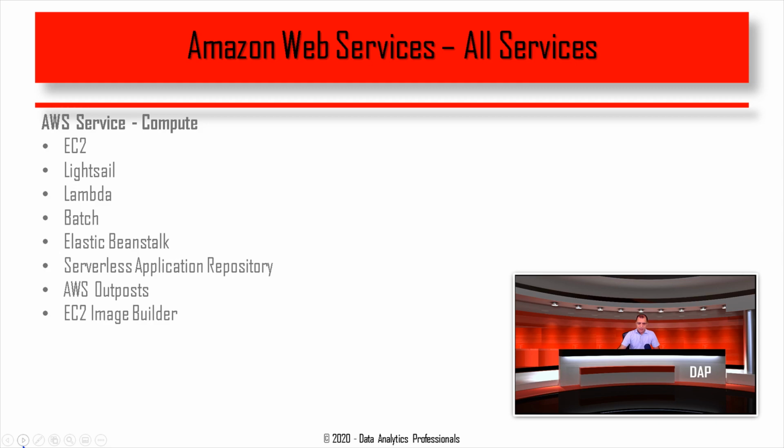In there you can see EC2, Lightsail, Lambda, Batch, Elastic Beanstalk, and Serverless Application Repository. Also EC2 Image Builder and AWS Outposts. These are really important services, and I'm going to pick some of them and see whatever we could do to learn how we can use different services to learn about AWS and machine learning. Especially, our target will be more towards machine learning.